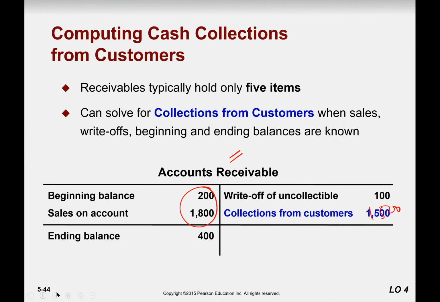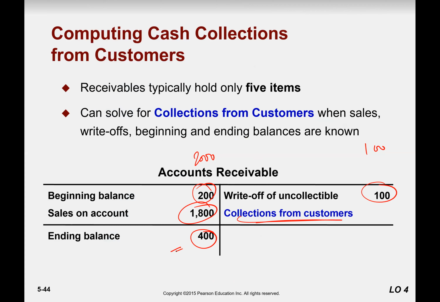So even if you are not given the entries, even if you are given only 4 numbers, the beginning balance, sales, write-off, and ending balance, can you find out cash collection from customers? It is just a balancing figure. So you see here, this is 2,000, 200 plus 1,800, and it is 100 here, and the balance is 400.